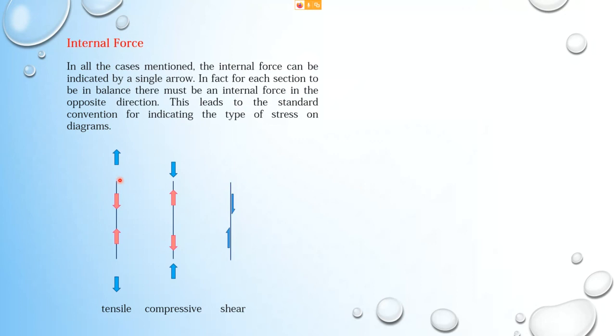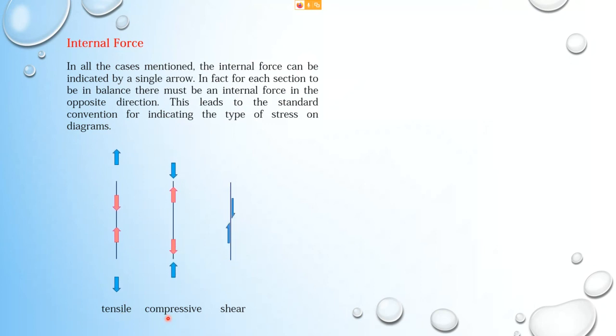You can see they are in opposite direction, this pair, the blue and the red, they are acting in opposite directions. But their size of the force must be the same. If this is 5 Newton, this has to be 5 Newton, of course. This diagram represents tensile pulling.